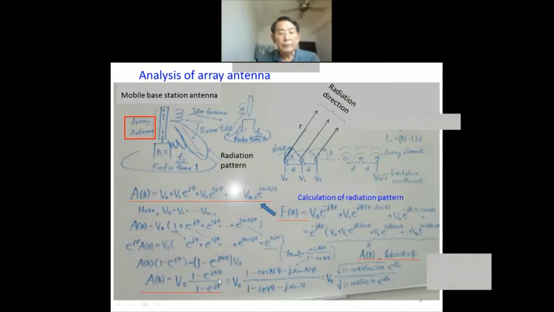This part, exponential, is cosine plus j sine.